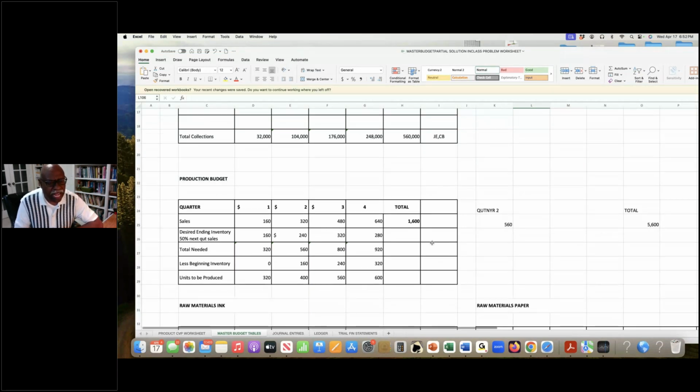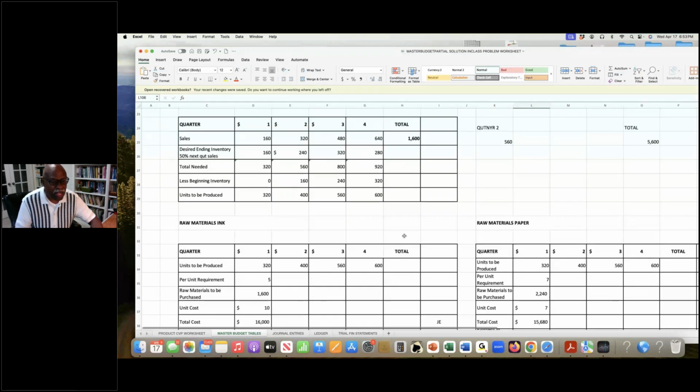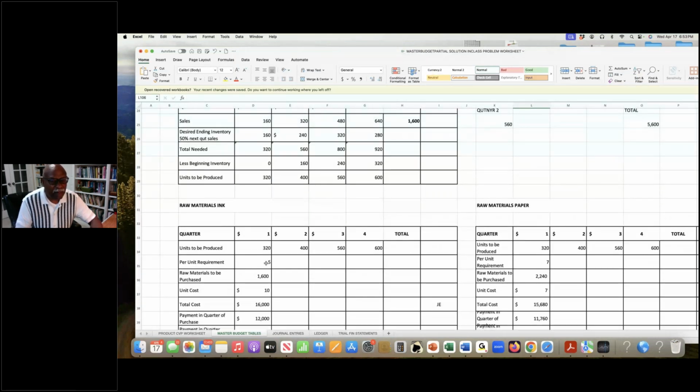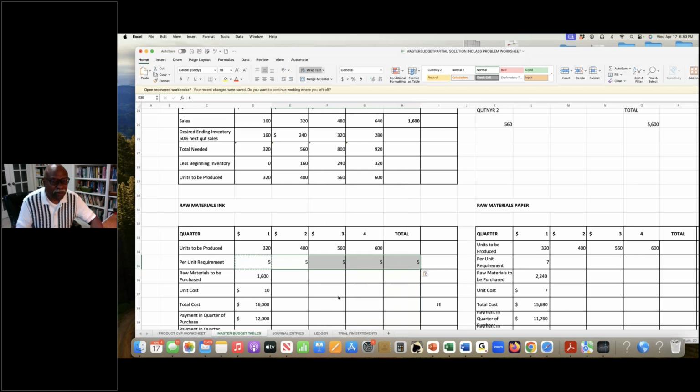So once we have the production budget, for the ink, the units to produce is 5. And that per unit requirement is going to exist all the way over. It'll be 5 all the way over.